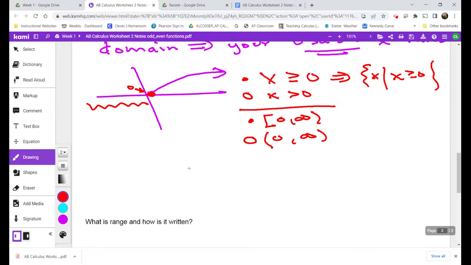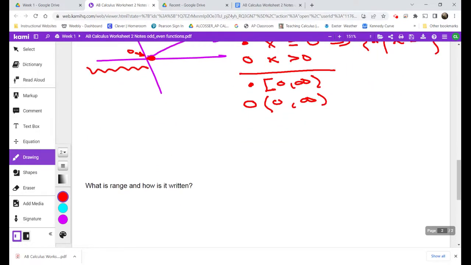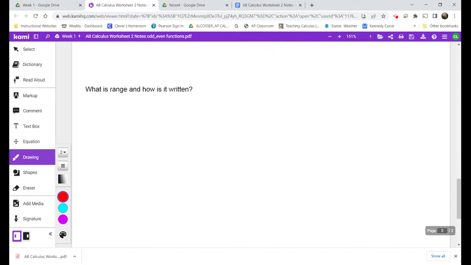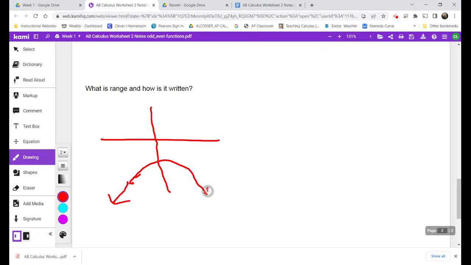And so range, same idea, but let's do something a little different for range. Let's do a parabola like that, ugly parabola, and it's at 1 and -2.